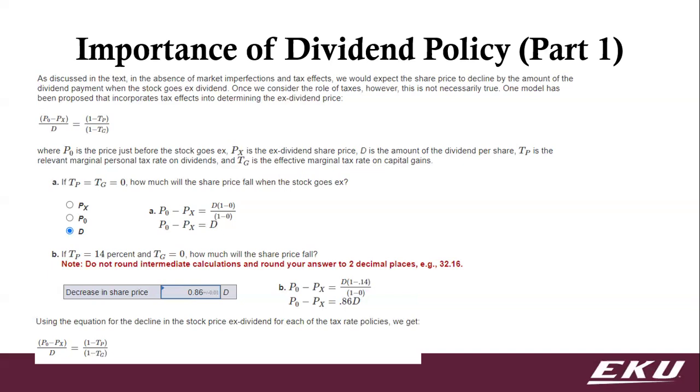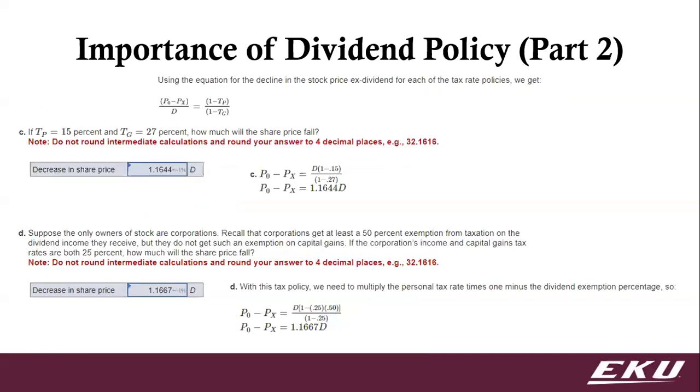And then we would just solve for how much the share price will fall based on the taxes. In this case, it's not equal to the dividend; it's only 0.86 of the dividend, right? Again, I put that equation at the top so you can see it as a reminder.